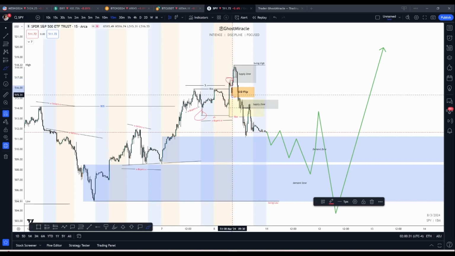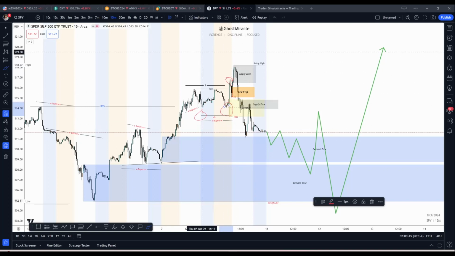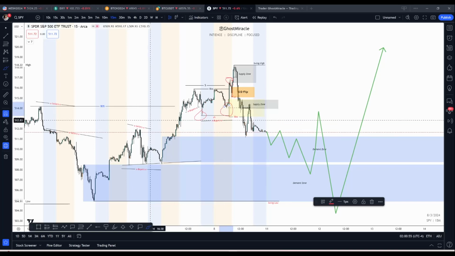More sellers came in here, taken out, which is why price flushed down, because there were no sellers left in the market, right? No buyers in the market. So that's why price is pushing so hard to the upside or downside, because once it takes out the buyers or the sellers, then it'll flush in that direction that it took out.